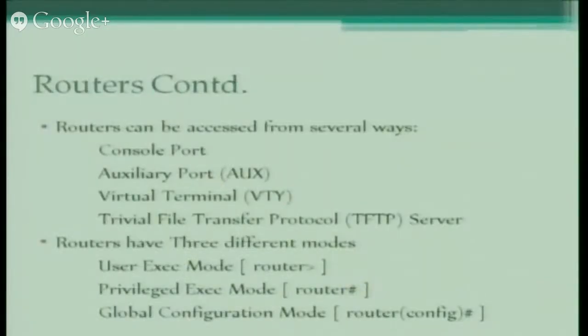In privilege exec mode, we can run the show commands. We want to have a look at the date of the router. We want to see how many routes are available. We can see the routing table. We can see how many interfaces are available on a router. Everything is possible in privilege exec mode. But if I want to assign some IP address to the interface of a router, that is not possible here.